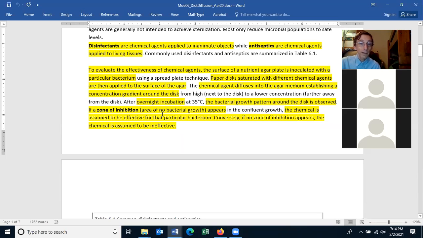If there's a zone of inhibition, an area of no bacterial growth around the disc, the chemical agent is assumed to be at least a little effective for that bacterium. Conversely, if there's no zone of inhibition, the chemical is assumed to be ineffective. Any questions about any of that?